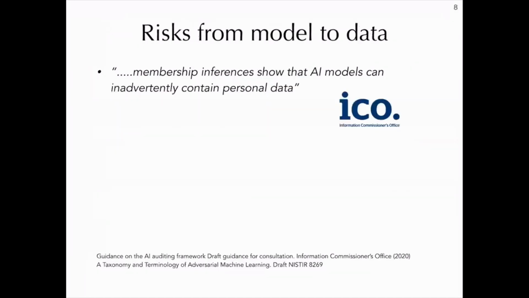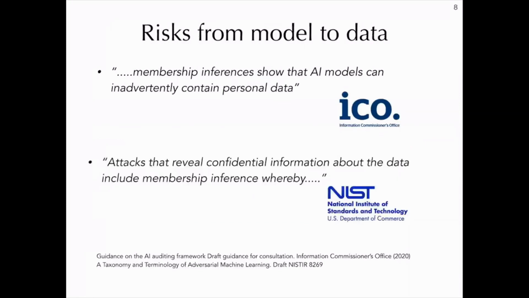Recent reports published by the ICO UK on auditing AI and NIST US on securing AI applications highlight the threat to training data from machine learning models, and they specifically mention membership inference as a potential confidentiality violation and privacy threat to training data.